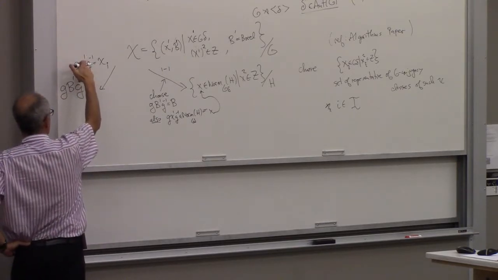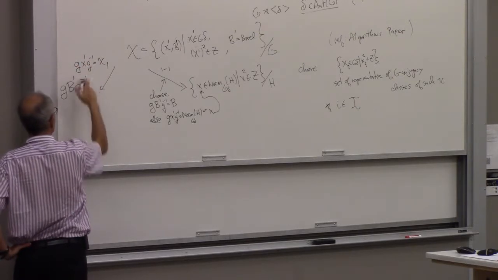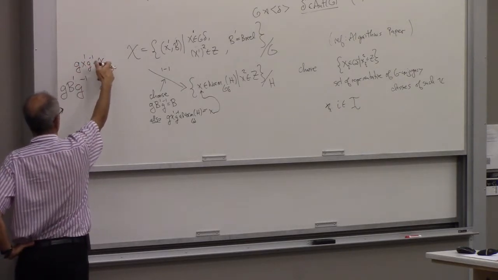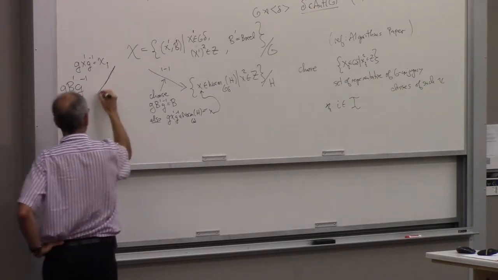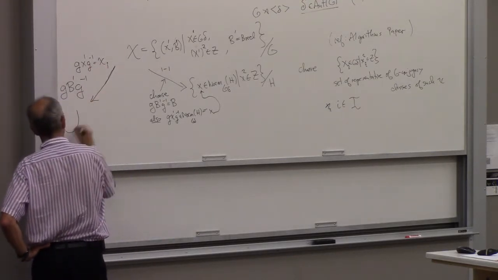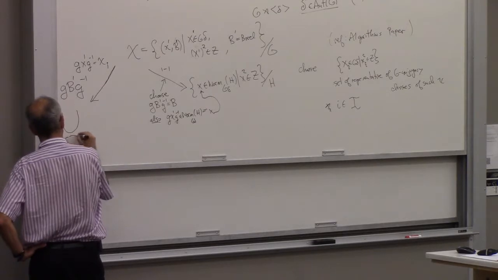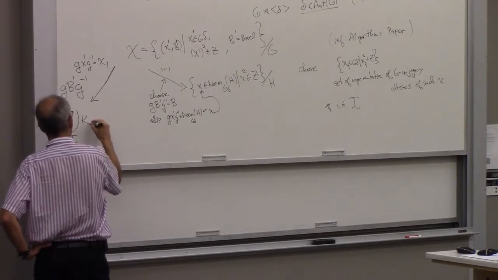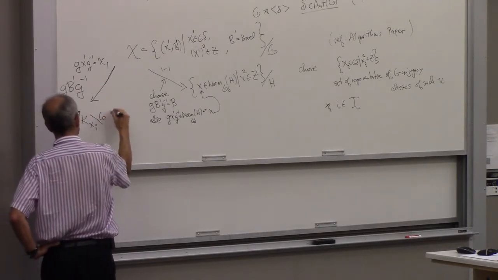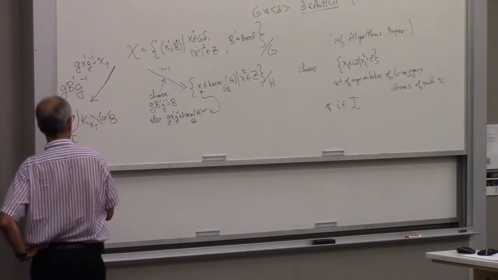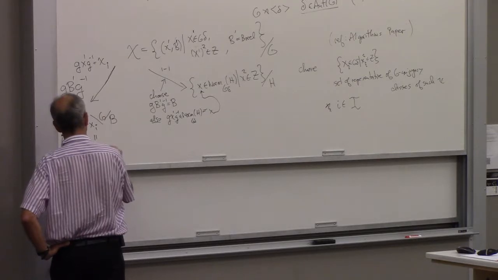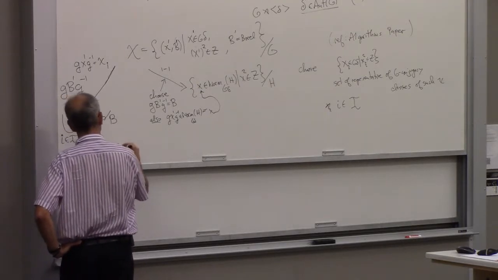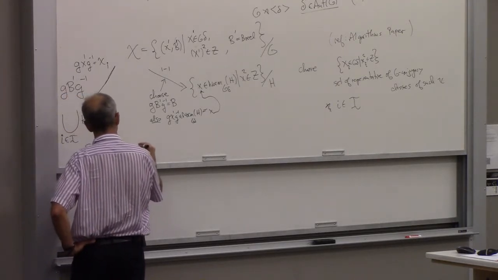I can modify this g on the left by the centralizer of this x_i. If you just think about that for a minute, what this says is that this goes to the disjoint union over i contained in I of K sub x_i mod G mod B, the set of K sub x_i conjugacy classes of Borels.